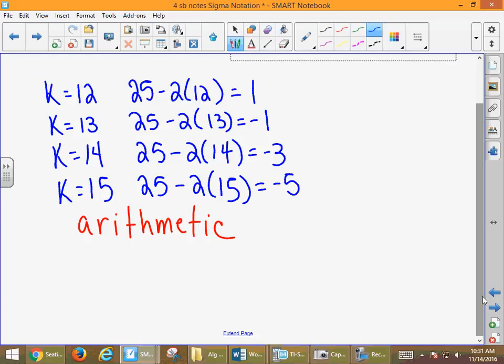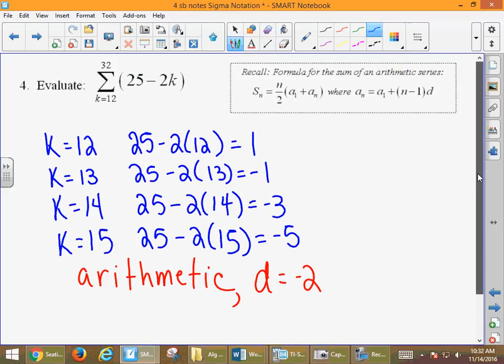What's our common difference in this particular problem? Negative 1 minus 1 is negative 2. Negative 3 minus a negative 1 is negative 2. Negative 5 minus a negative 3 is negative 2. So we do need one more value here.